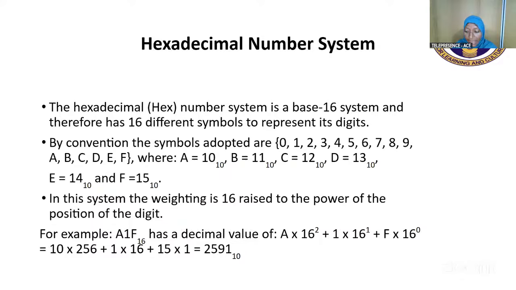But the difference is when it gets to 9, the next digit after 9 is A, and the last digit is F, which is equivalent to 15.